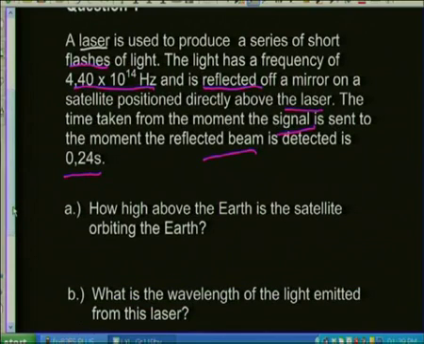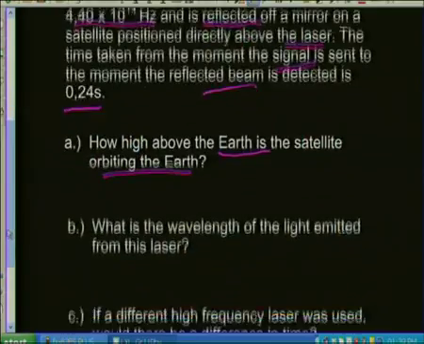We're told that this is going vertically up to a mirror on a satellite that's in geostationary orbit above the Earth, and it's going straight up and it's coming straight down. A detector is picking it up. Now, interesting idea. We use this to measure distances, to calibrate all sorts of things, but here is the test. We're going to now ask the question, how high above the Earth is the satellite orbiting the Earth?